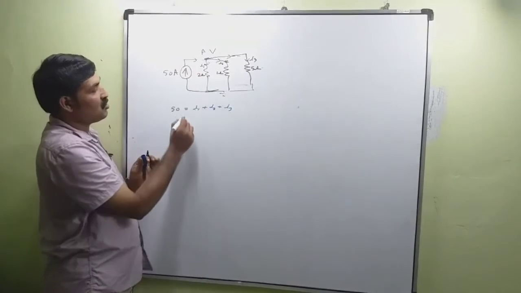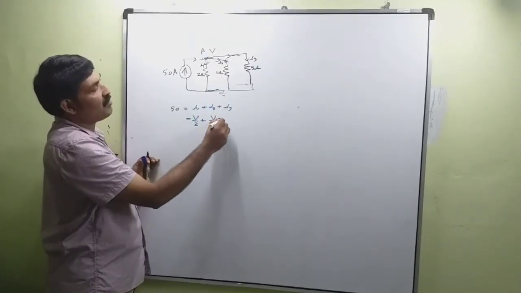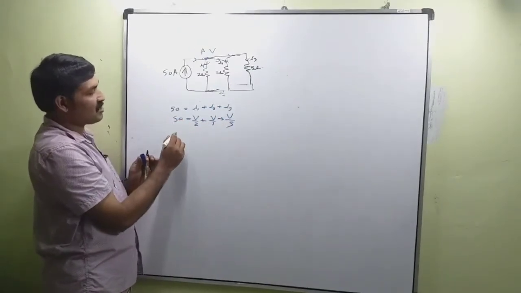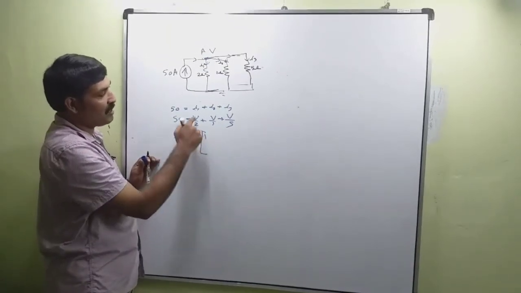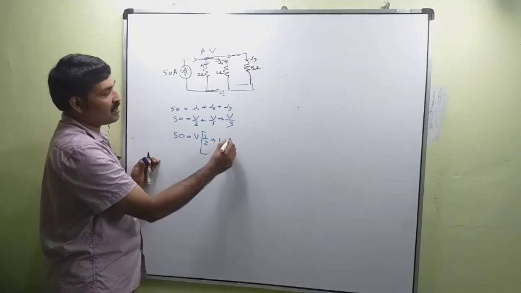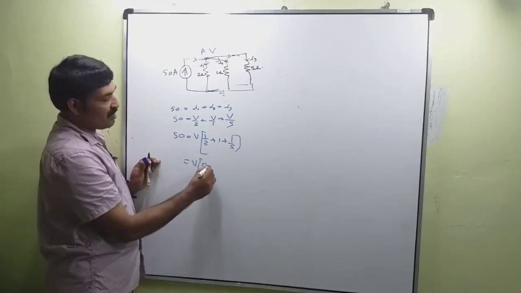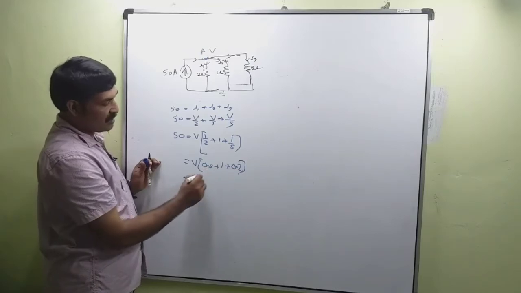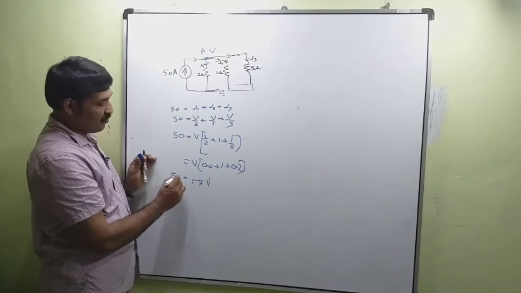Now I1 is V by 2, I2 is V by 1, I3 is V by 5, and the sum is equal to 50. From this expression, we can find the value of V. 50 is equal to V into 1 by 2 plus 1 plus 1 by 5, that is V into 0.5 plus 1 plus 0.2, which is 1.7.